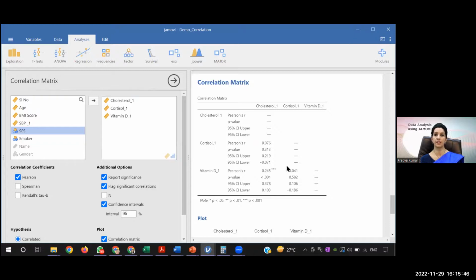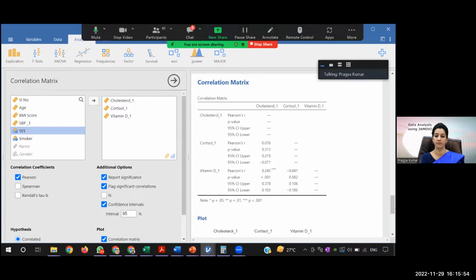Now how to read this table? Again, we have done that. There is a column and there is a row. This 0.076 tells you the correlation coefficient between the cholesterol and cortisol. This is very low and not significant either, because the p-value is 0.3.